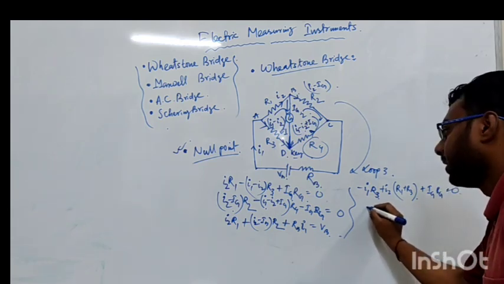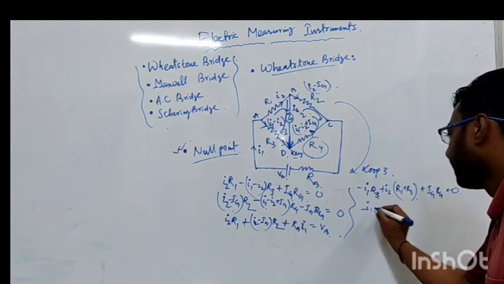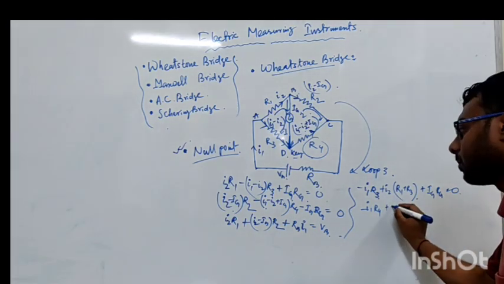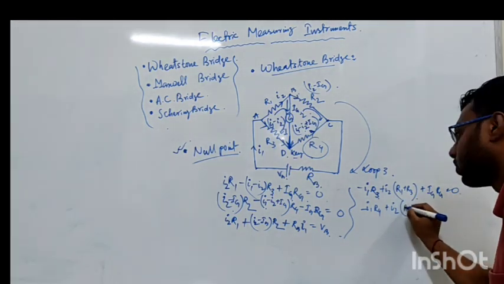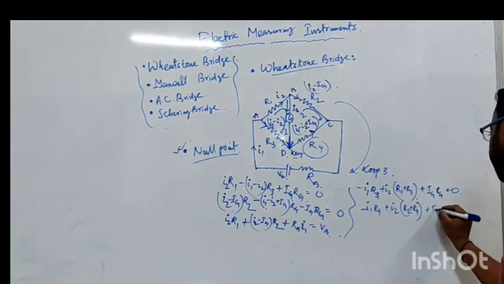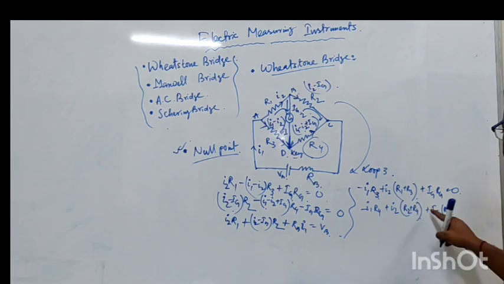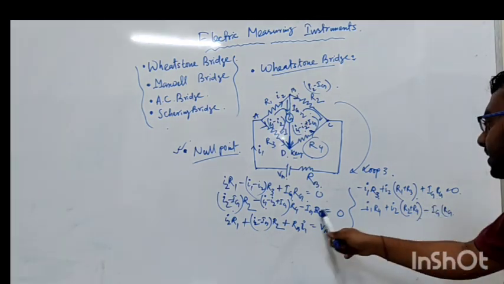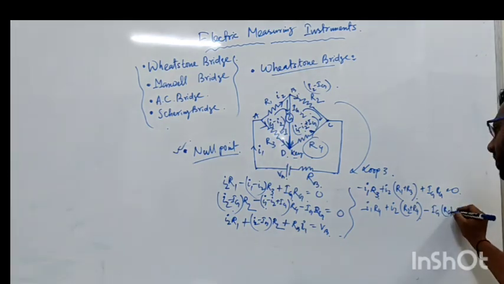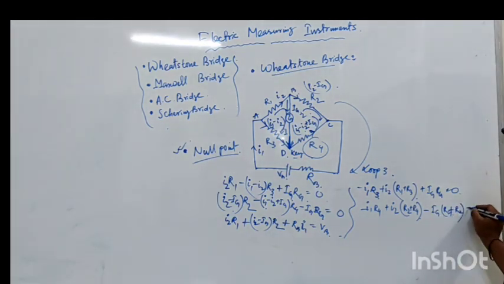Second one will be minus I1 R2 R4, then plus I2 R2 plus R4, IG into RG minus IG into RG, plus R2, that will be 0.